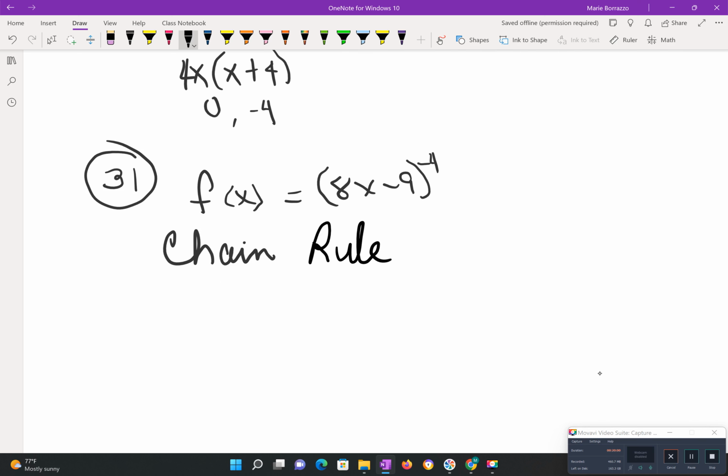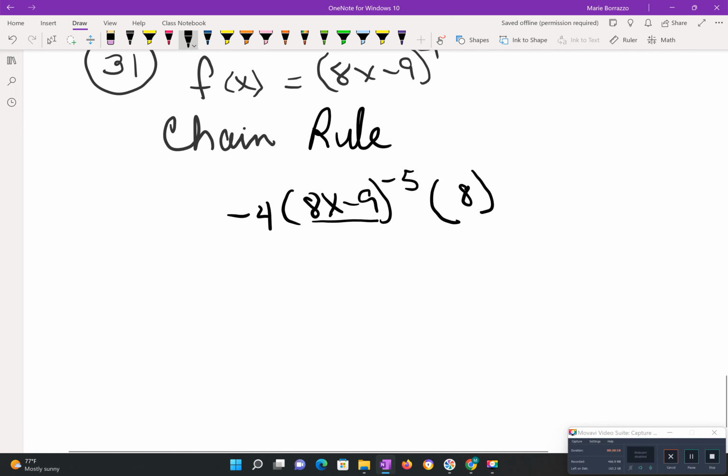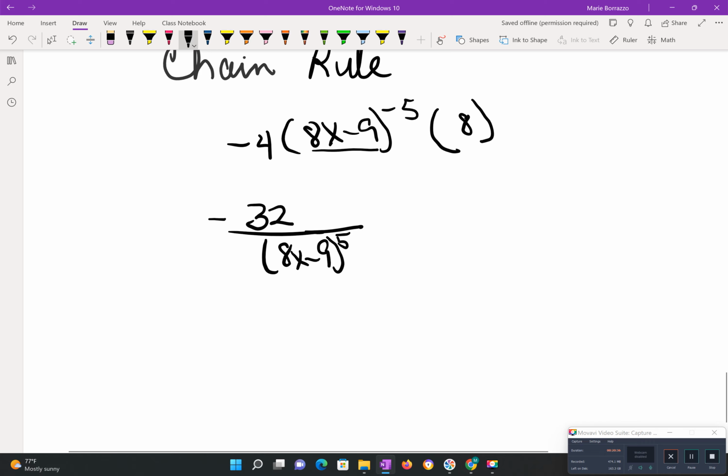So first thing we're going to do is we're going to multiply, so you get -4, parentheses, 8x minus 9, take away 1, this is to the -5, times the derivative of the inside, which will give me 8. Now, -4 times 8, well, that's -32. And I'm going to write that over the 8x minus 9 to the +5. I'm bringing it down. And I believe that is our answer.